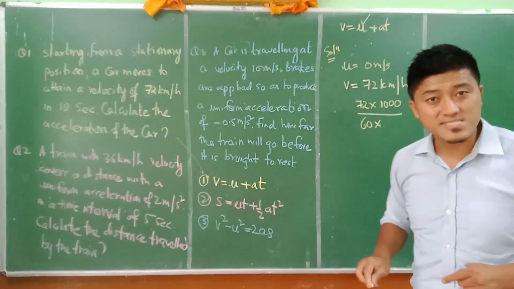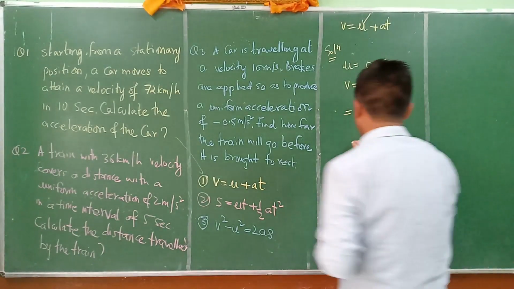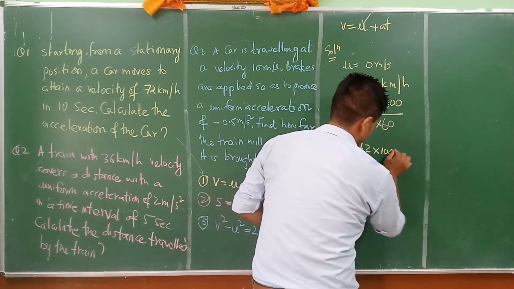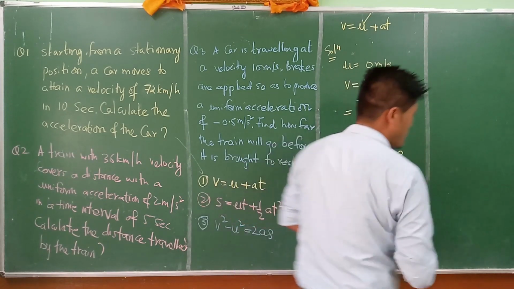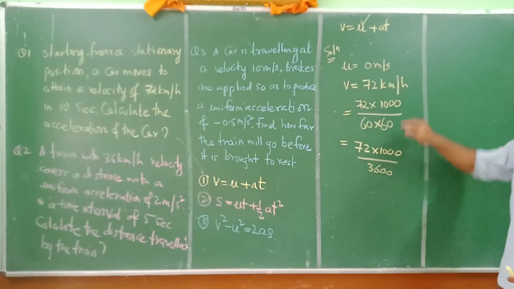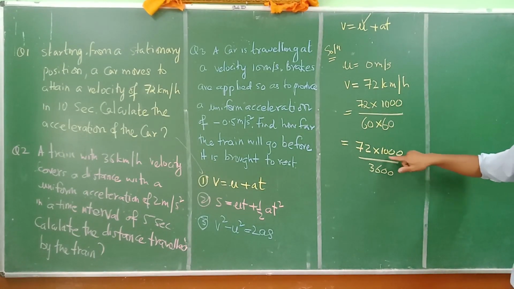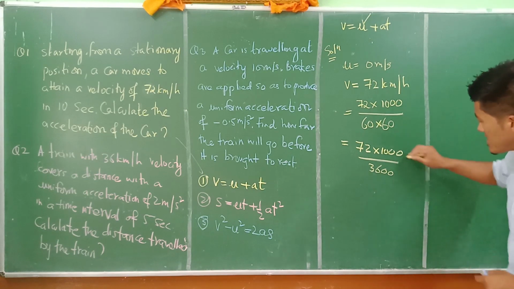In 1 minute, how many seconds? 60 seconds. When you multiply these two, what will you get? 72 into 1000 divided by 3600. Please keep that in your mind: whenever you are converting kilometer per hour into meter per second, you always have to multiply by 1000 and divide by 3600.